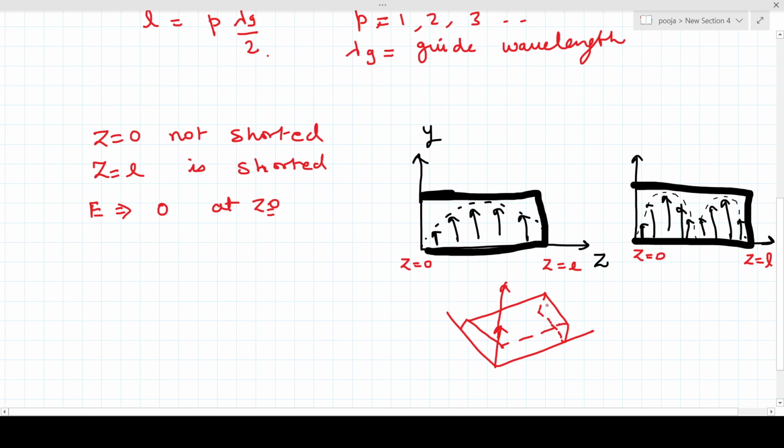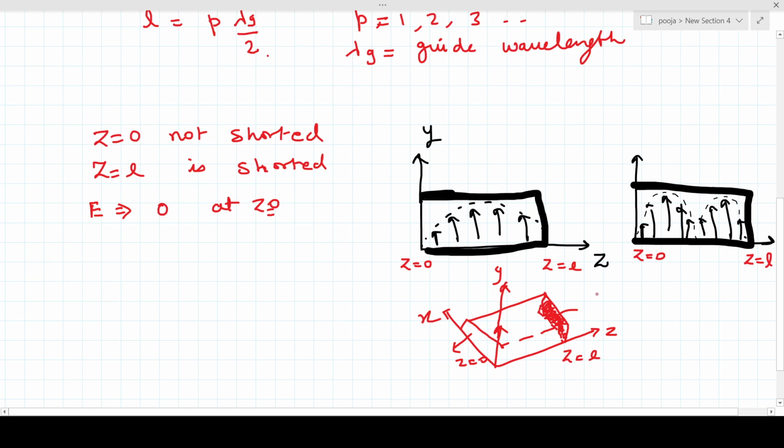We have shorted at Z equal to L. This is z, this is x, y. It is shorted at Z equal to L, and the wave is allowed to enter through Z equal to 0.